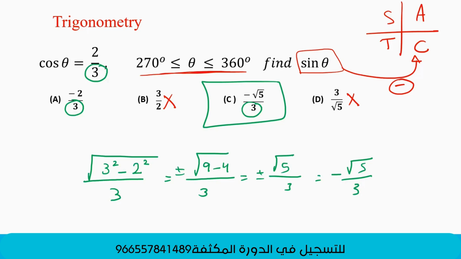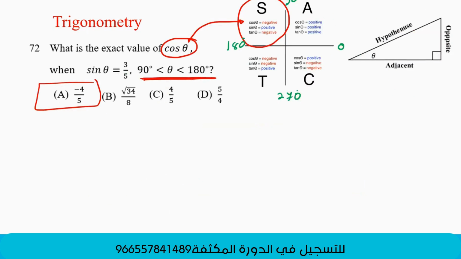So let me go back to the first 2 problems and do the same trick here. For this one, if I want to do the same trick, I know I have to keep the denominator, plus or minus the square root. I have to square the denominator, which is 5 squared, minus the numerator squared, which is 3 squared.